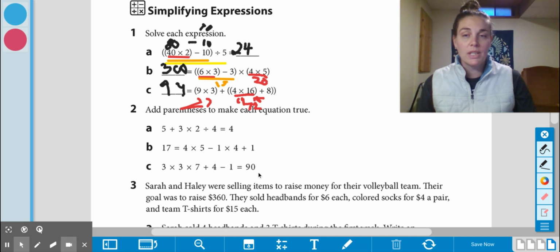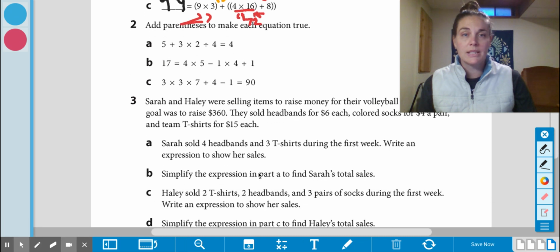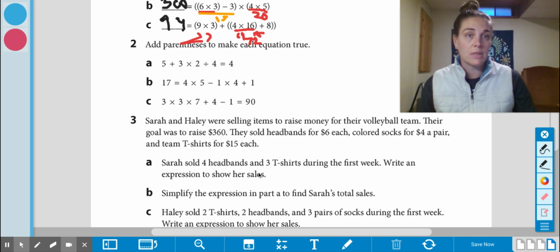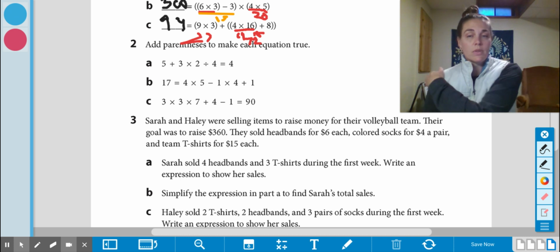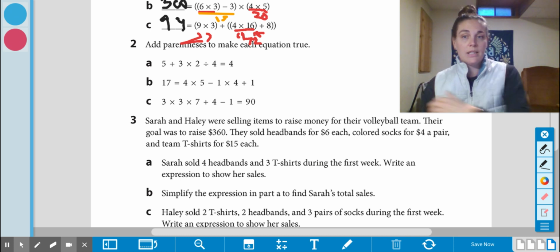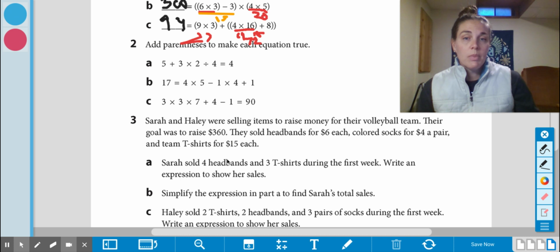All right, then moving on to number 3, we're looking at Sarah and Haley, and they're raising some money. And there are headbands for $6, socks for $4, and shirts for $15. Sarah sold 4 headbands and 3 t-shirts. What would be an expression for that sales? So not what the answer is, but what would I have to multiply or add together in order to get my answer?